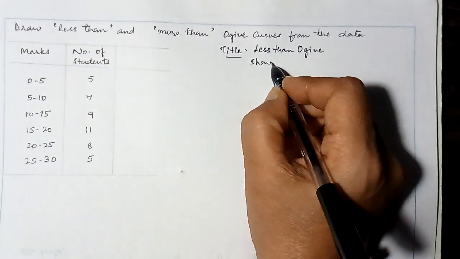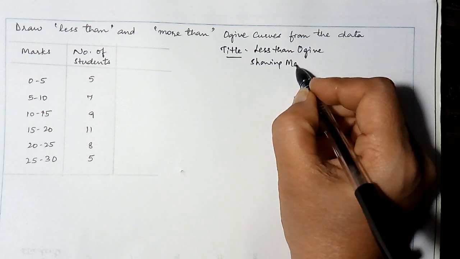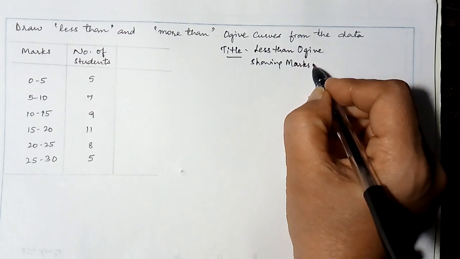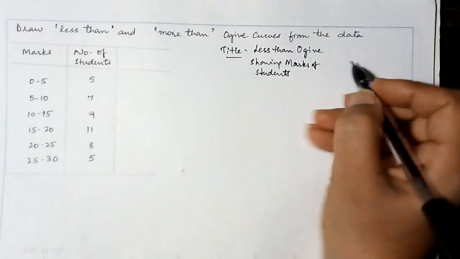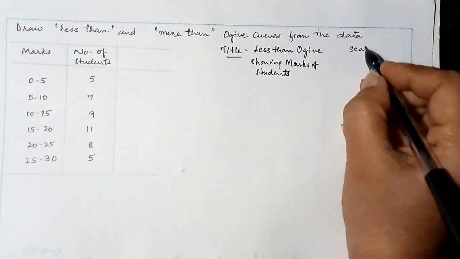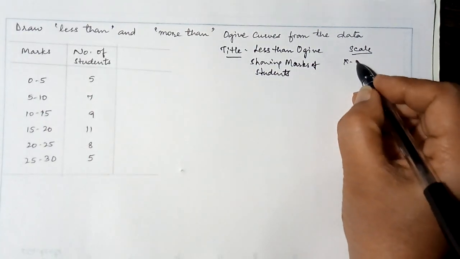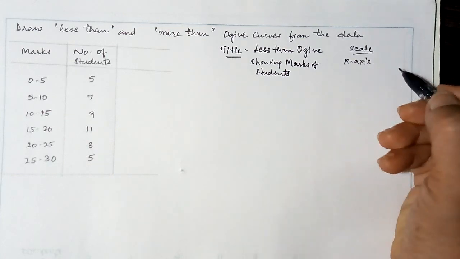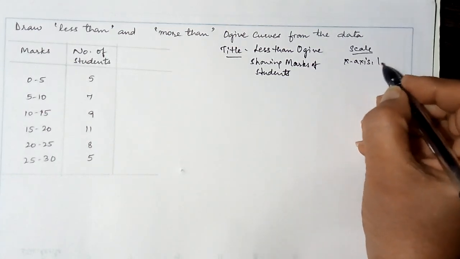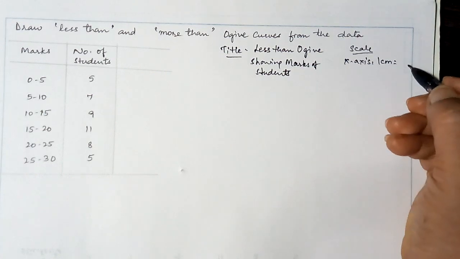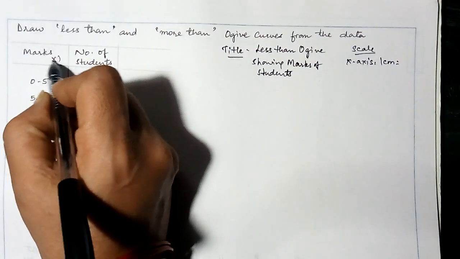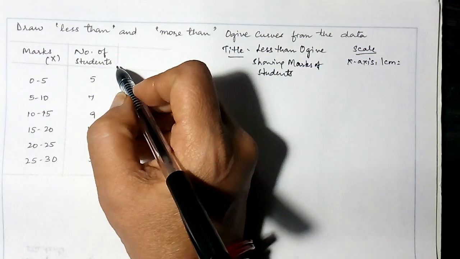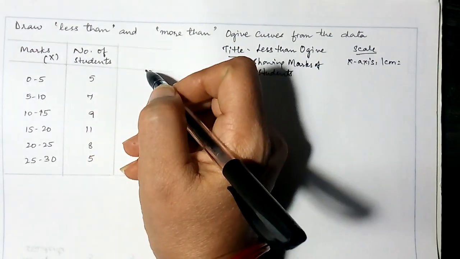showing marks of students. Okay, then we will need the scale. The scale on the x-axis, let us take 1 centimeter equal to, we are going to take marks on the x-axis, since we have learned that this we are going to take on x-axis, and on the y-axis we will be taking the cumulative.